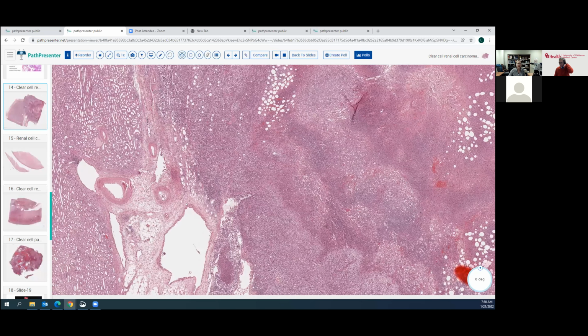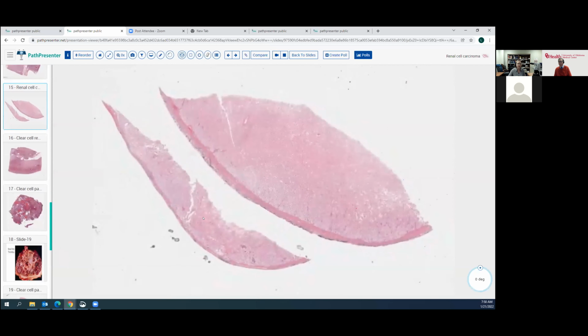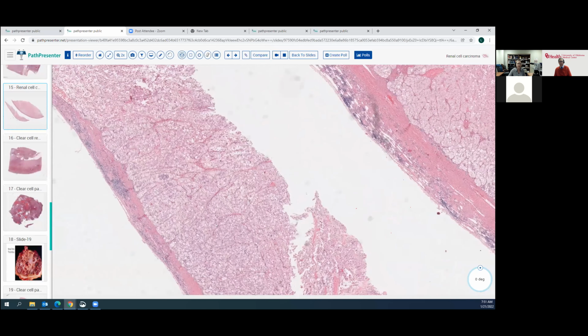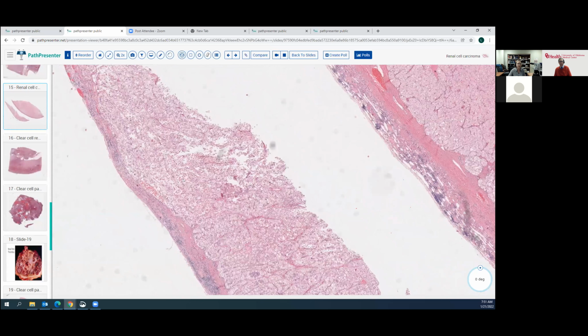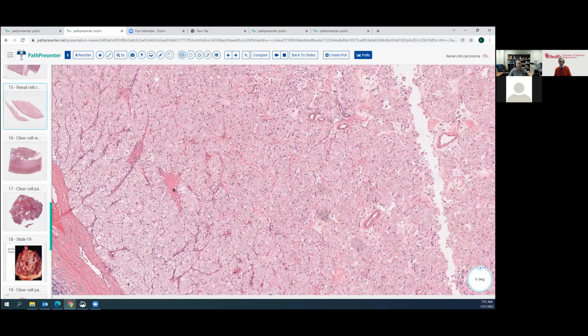So this is a high-grade clear cell renal cell carcinoma, ISUP grade 4 with rhabdoid morphology. I included this one just in contrast to the higher grade clear cell renal cell carcinomas. This is your classic conventional renal cell carcinoma.